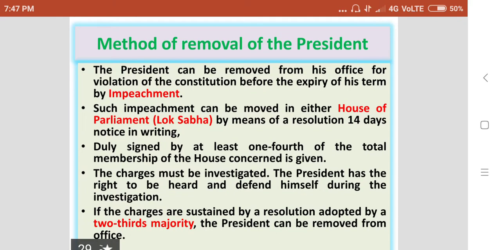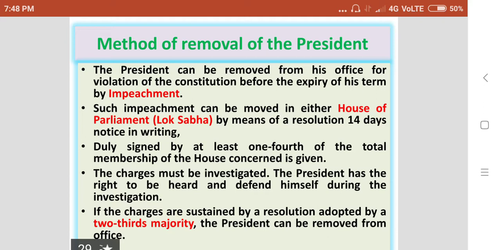So next, let us see how the President can be removed from his office. Method of removal of the President. The President can be removed from his office for violation of the constitution before the expiry of his term by impeachment.